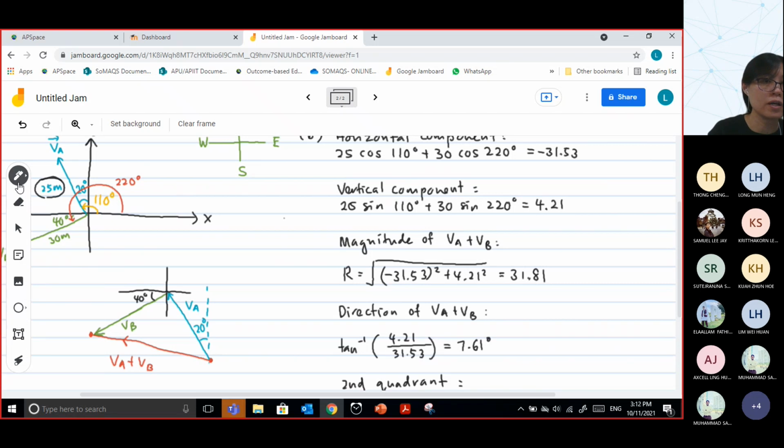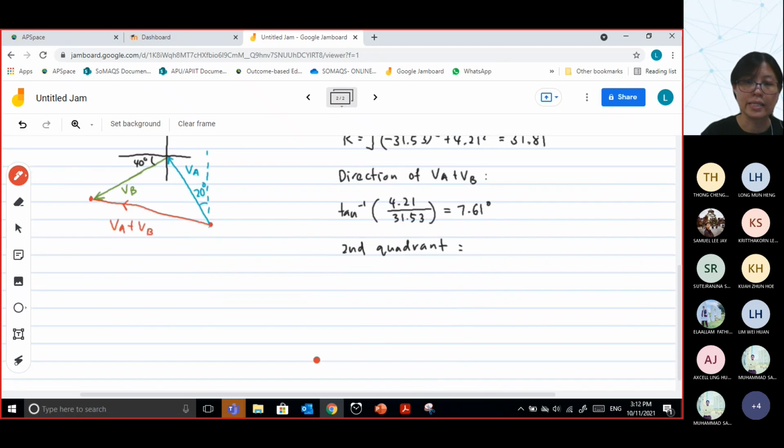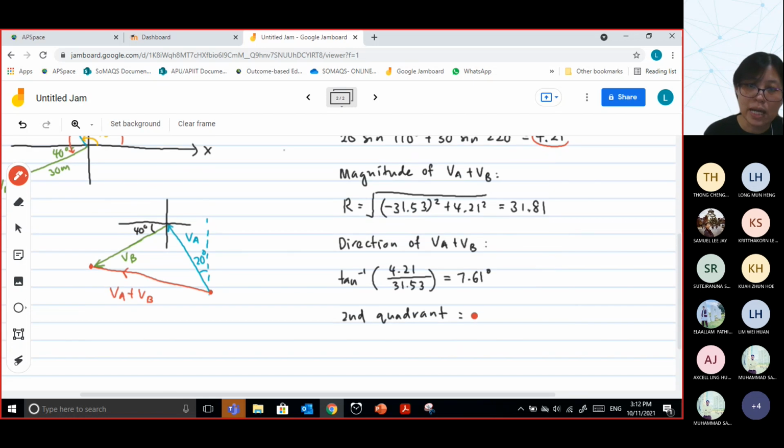Negative for the horizontal component and positive for the vertical component. Yes, second quadrant. Then we take 180 minus 7.61.